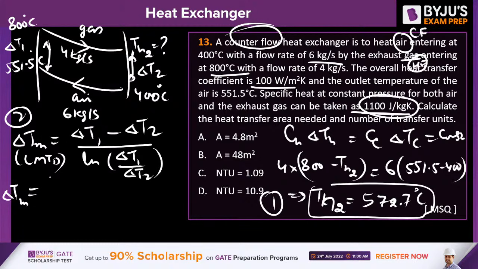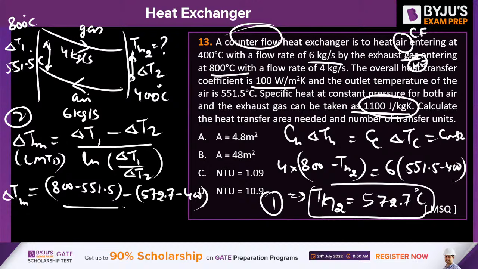It is (800 minus 551.5) minus (TH2, which we have already calculated as 572.7, minus 400), divided by natural log of (800 minus 551.5) upon (572.7 minus 400).